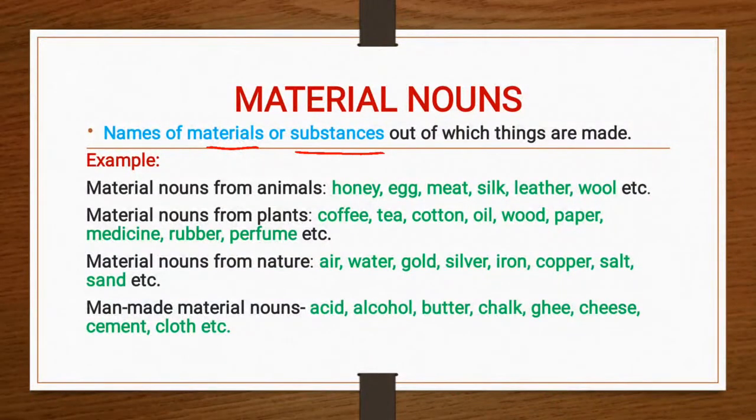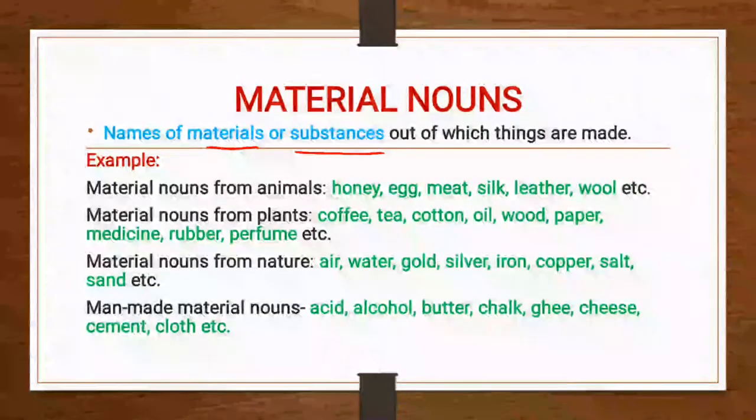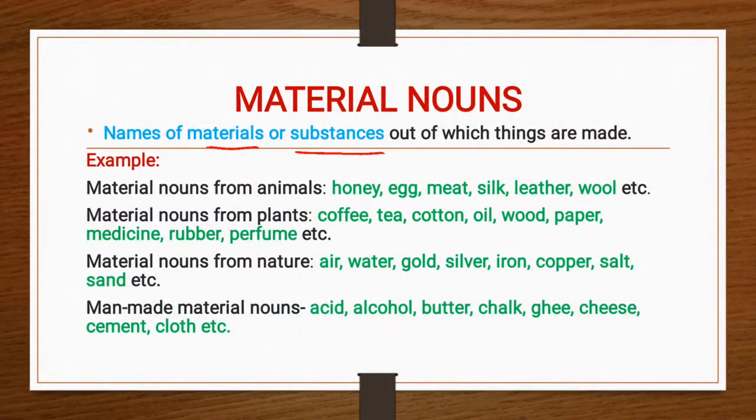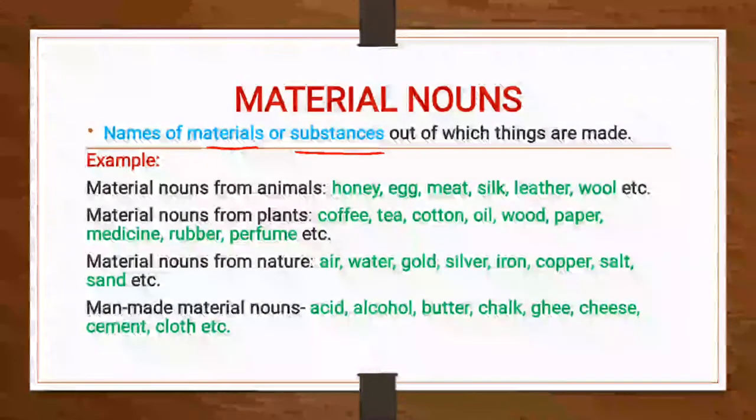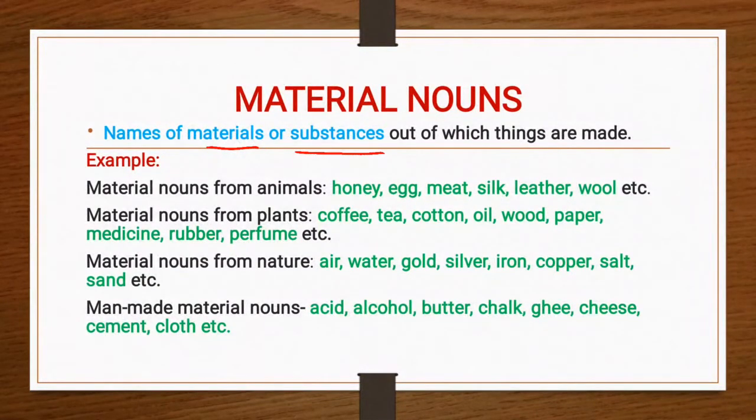Unlike abstract nouns, we can see, hear, taste, touch and smell these nouns because they are in the form of liquid, semi-liquid or solid. Material nouns are names given to the raw elements or objects which exist in nature or are created by humans using raw material.